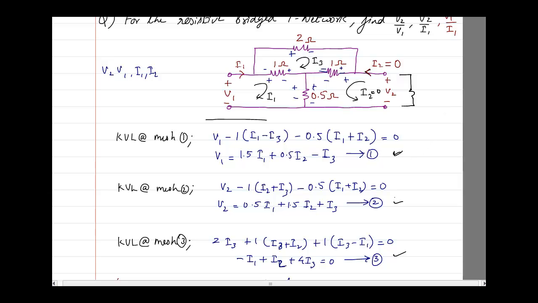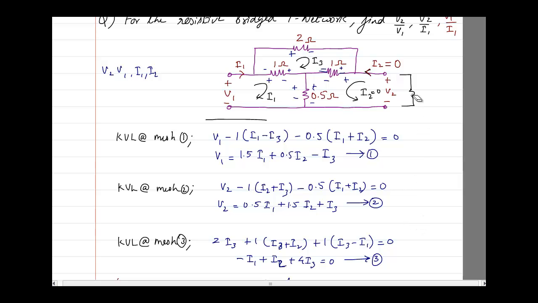There is no need to write these three; you will get totally different KVL equations when you consider I2 as equal to 0. But since here I am trying to do two types of questions, that's why I have to write it in this form.